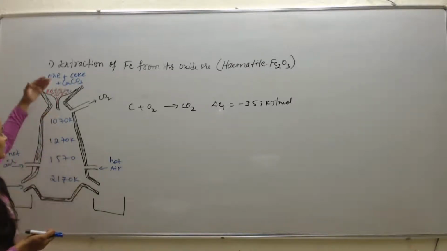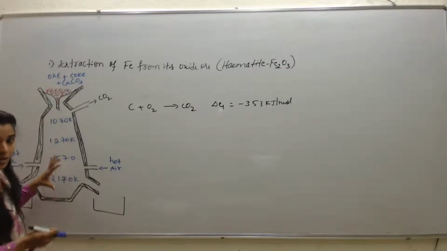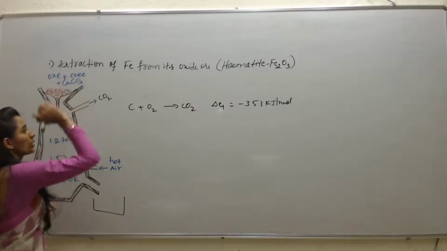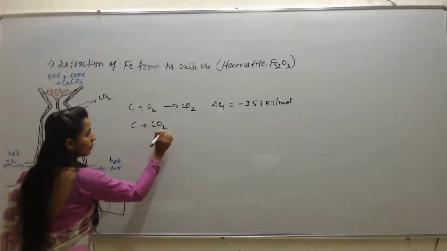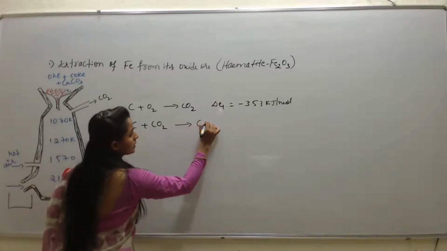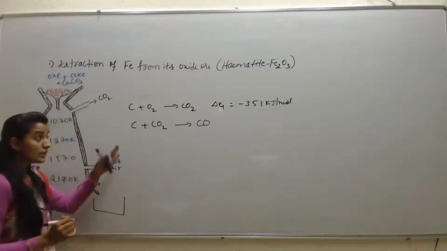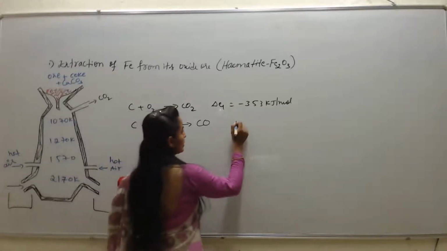Then again the ore is continuously poured into this blast furnace, and again coke is present here. That coke combines with the carbon dioxide which has just moved upward, and it forms CO. This is an endothermic reaction, which means the temperature decreases.